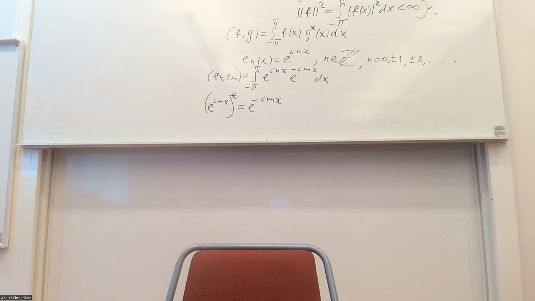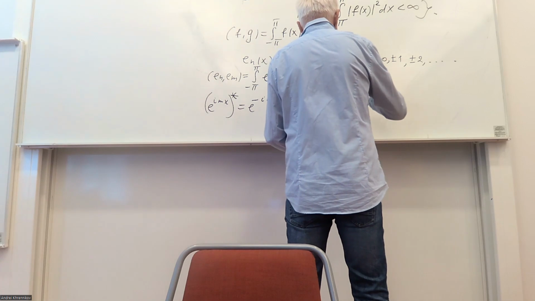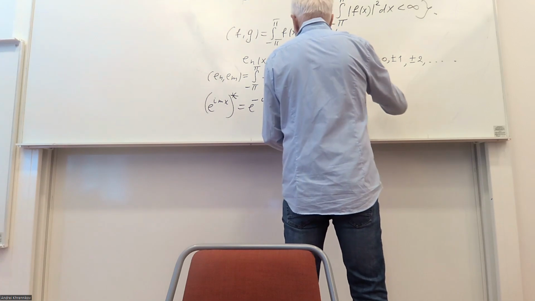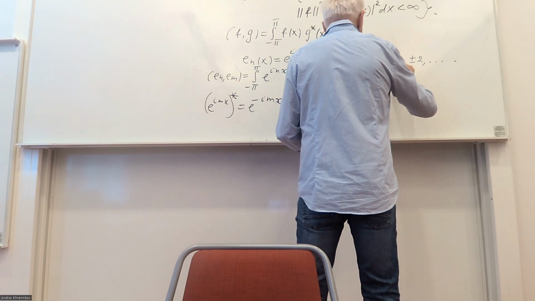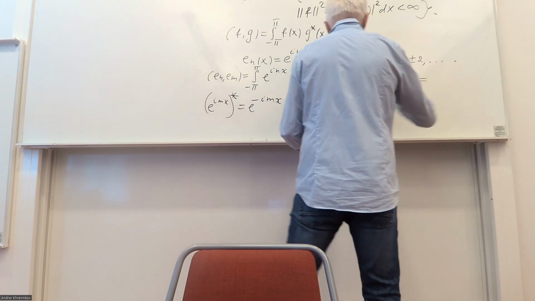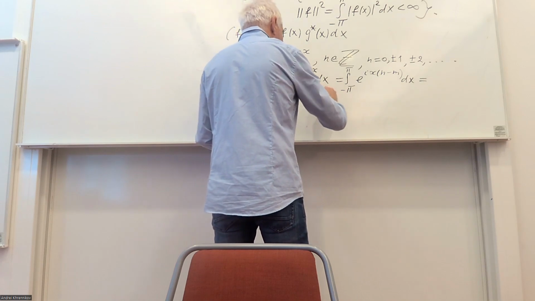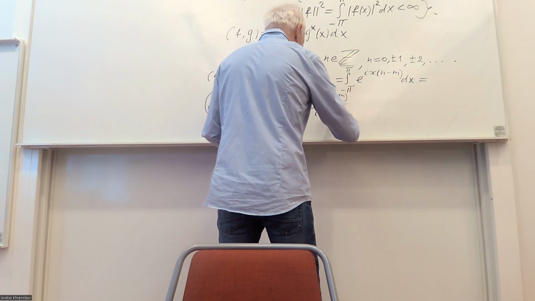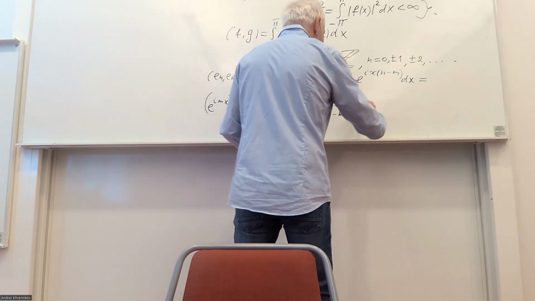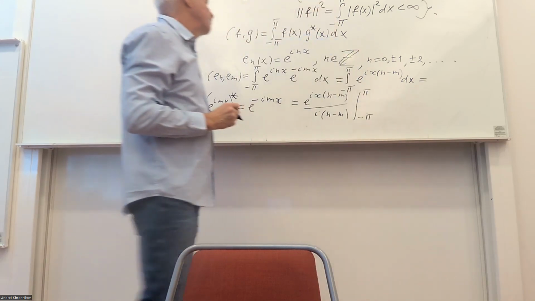Okay, so now I collect exponents and just calculate the integral. There's nothing special. The integral of e^{i(n-m)x} dx is equal to e^{i(n-m)x} divided by i(n-m), from minus pi to pi.